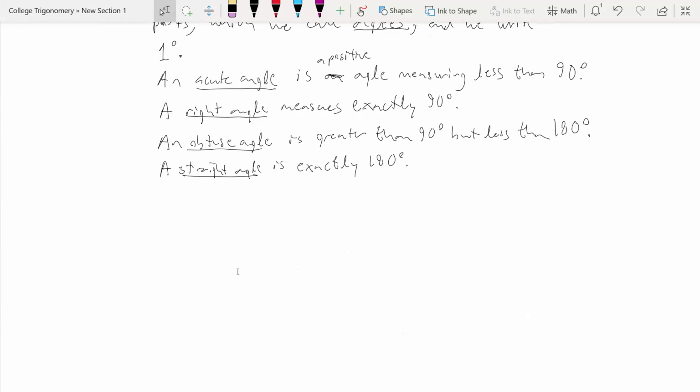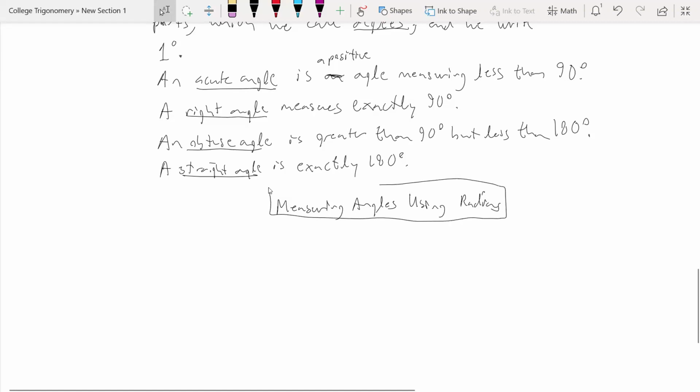Okay, so now that we have that, let's talk about measuring angles using radians. Okay. So before we can define what a radian is, we need to define a central angle. So let's suppose we have a circle.